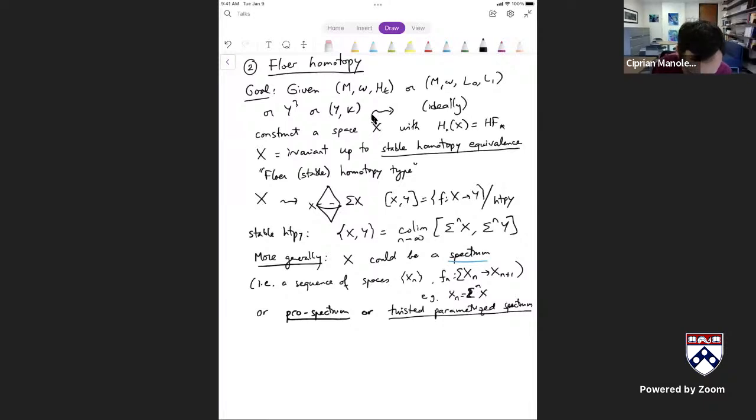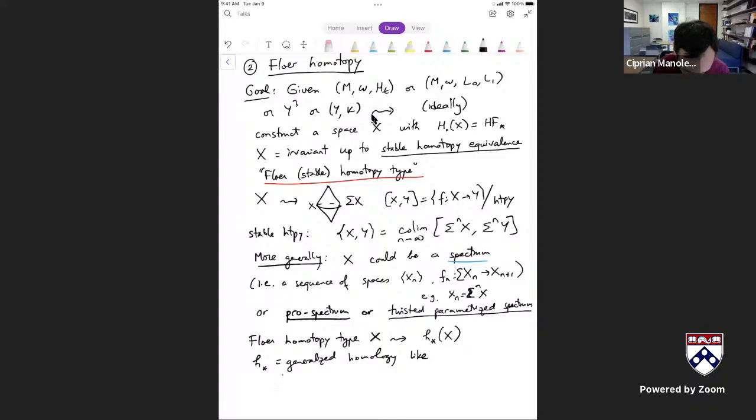Okay, and what does this give you? So why do we want to do that? Well, if we have a Floer homotopy type X as one of these gadgets, instead of taking its ordinary homology, we can take its generalized homology. So H star could be some generalized homology theory, like K theory, or KO theory, or bordism, or stable homotopy groups.